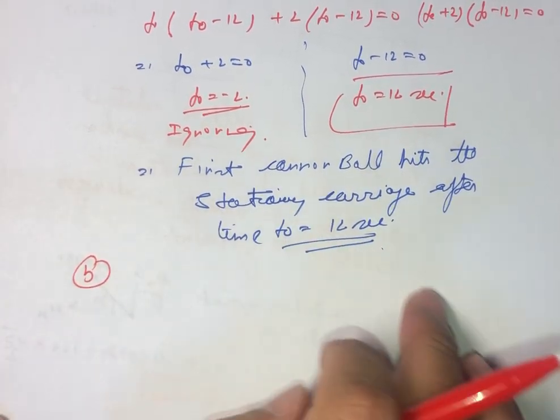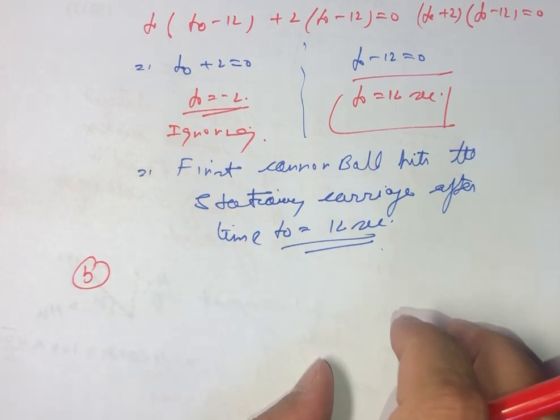And during the entire motion of the cannonball, the horizontal velocity of the cannonball will be the same.